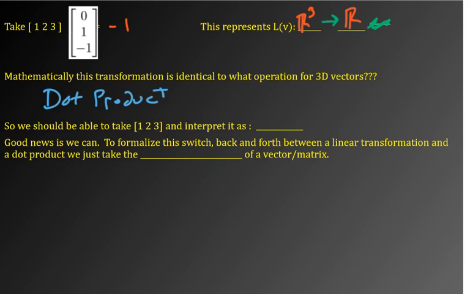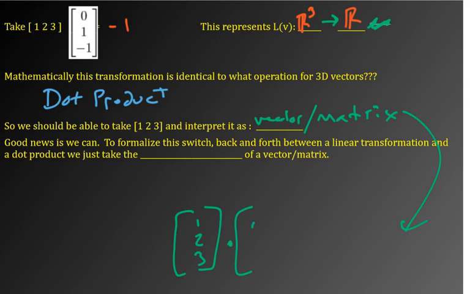And since we can interpret this matrix right here, and I'm really viewing this as a matrix, as a vector or a linear transformation, or I'm just going to say matrix, because really they are the same thing. So this is just a column vector like we're used to, but I'm saying this part right here, the 1, 2, 3, we can either think of it as dot product from Calc 3, where I might write it like this.